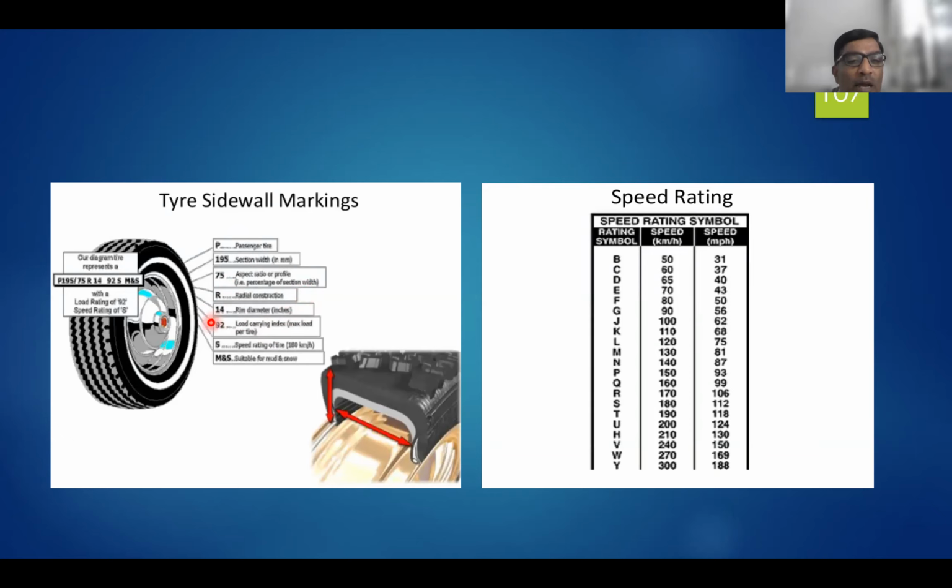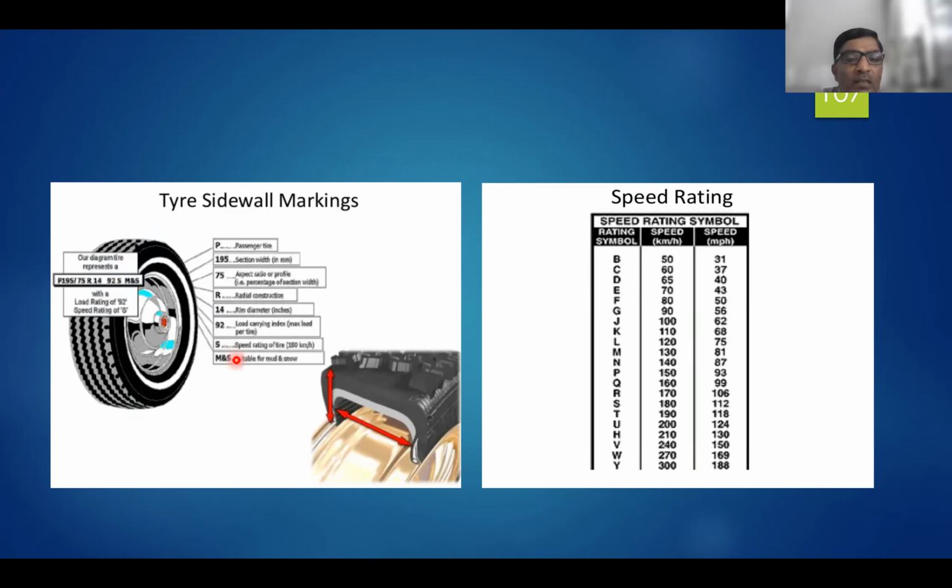And then this 92 is the load carrying index, the max load per tire. If 4 wheels are there, per tire, how much load it can carry is indicated by this 92, particularly for this tire.